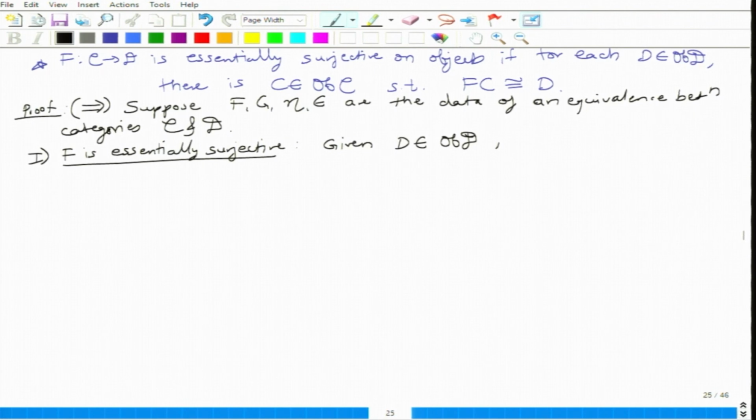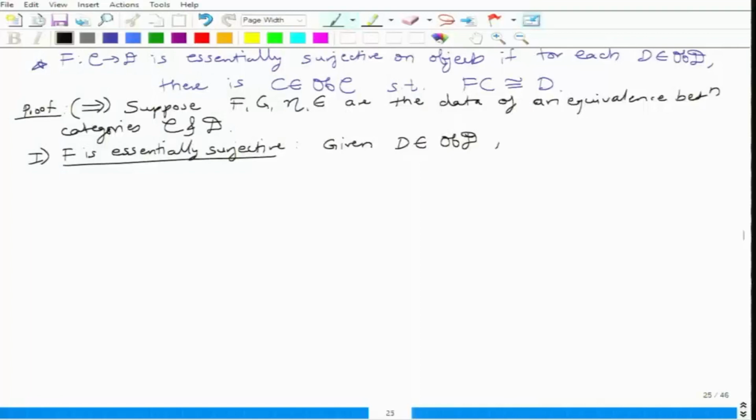Where is the map eta from? From the identity functor on category C to GF. Okay, so this is not going to help, because it only talks about objects in C. What about epsilon? Objects in D, yes.